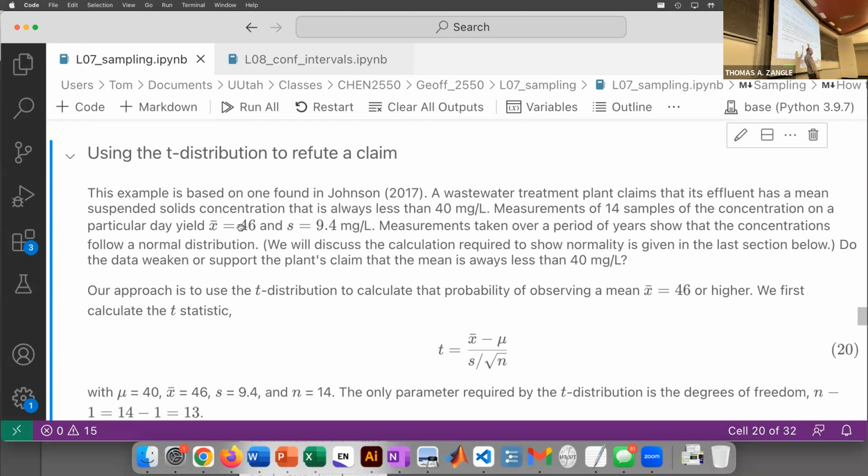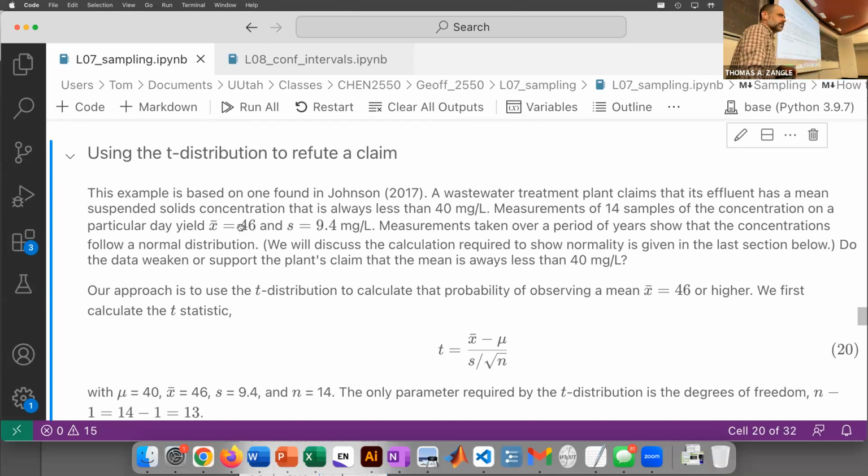So based on the measurements that we made, we see an average greater than 40, right? We see an average of 46 with some standard deviation of 9.4 milligrams per liter. And the t distribution tells us the probability that we made those measurements with an average of 46, but they actually come from a distribution that has an average of 40 milligrams per liter.